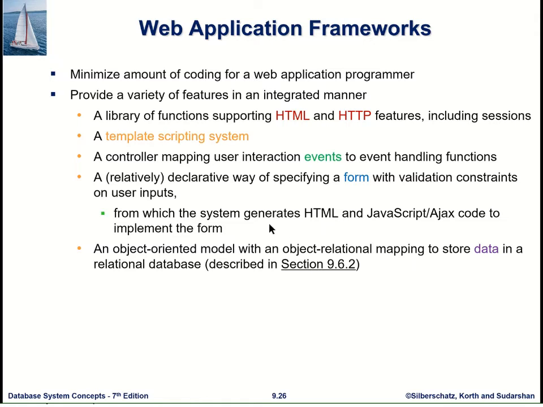Okay. So we can also generate HTML or JavaScript AJAX code to implement the form. That will help us get a very simple prototype, and then you can further edit it. And also we can do the object-oriented model. For example, we map the data to a database based on the object relationship.